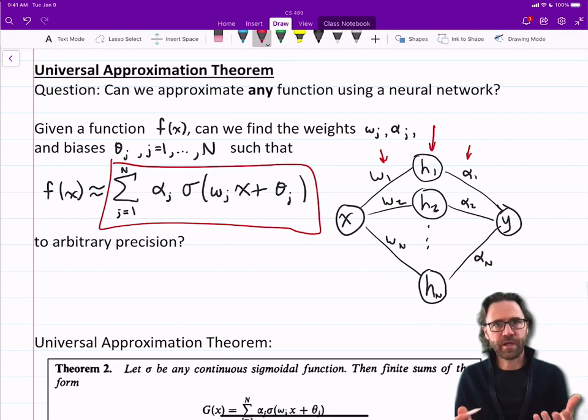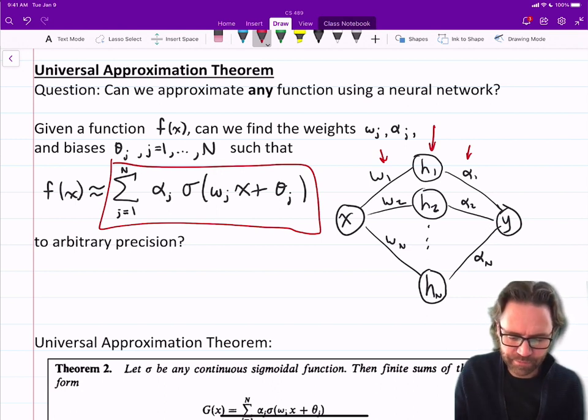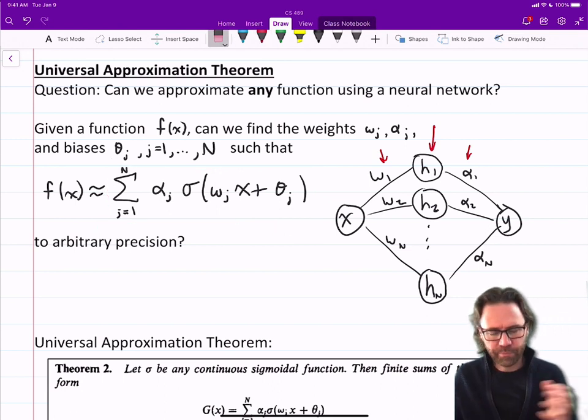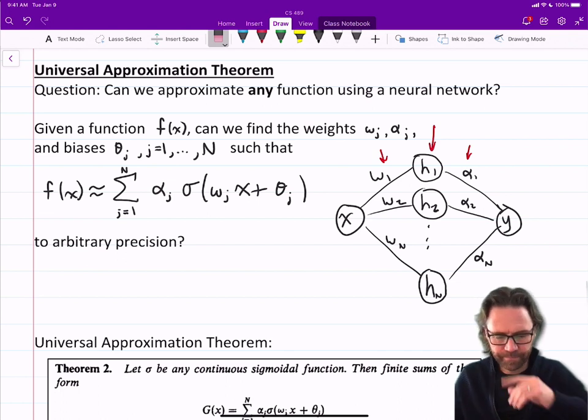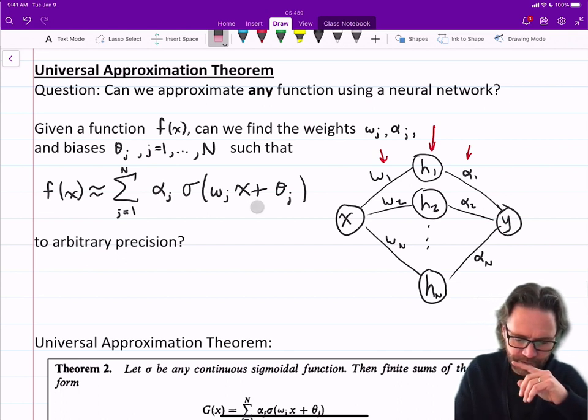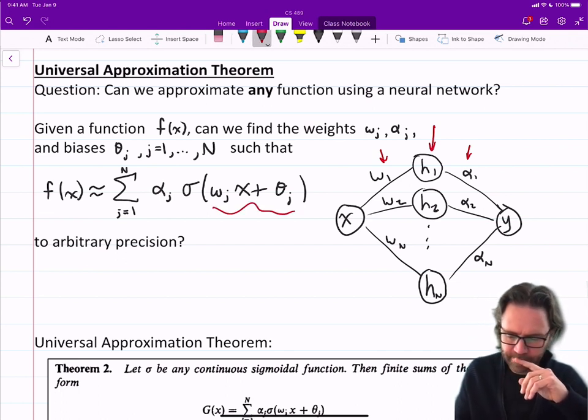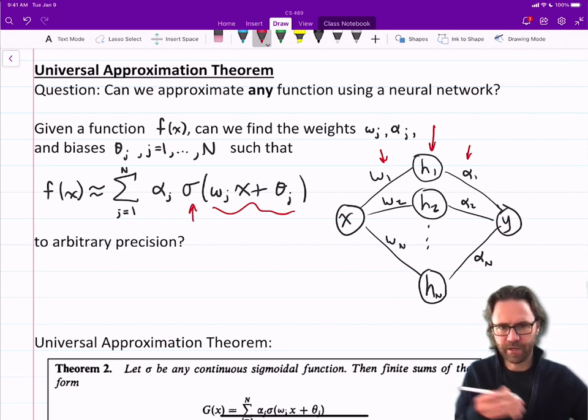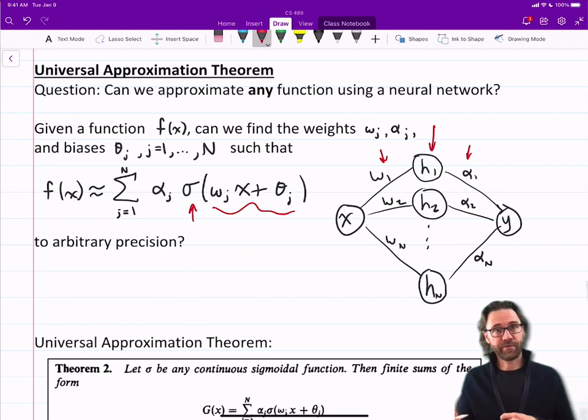this sum here. So this is really just the input-output of a neural network. You see, here's the input current to the hidden nodes, and then this is the sigmoid function, the activation function.